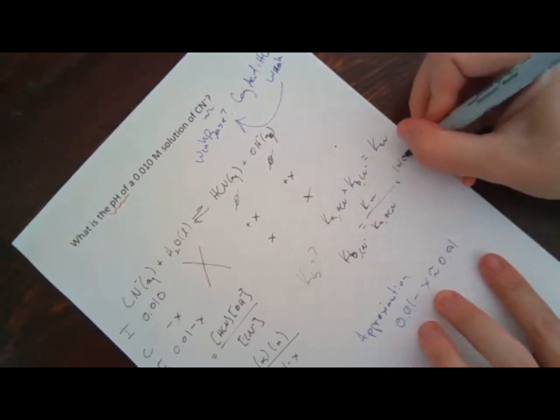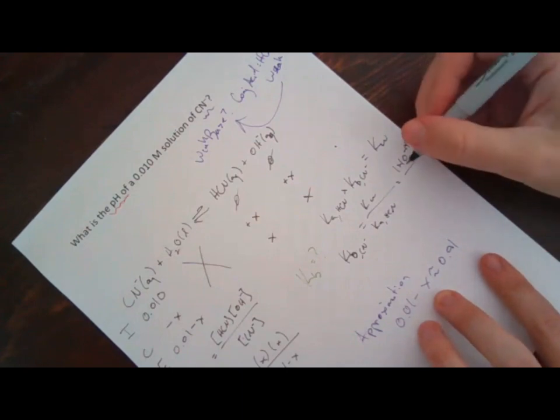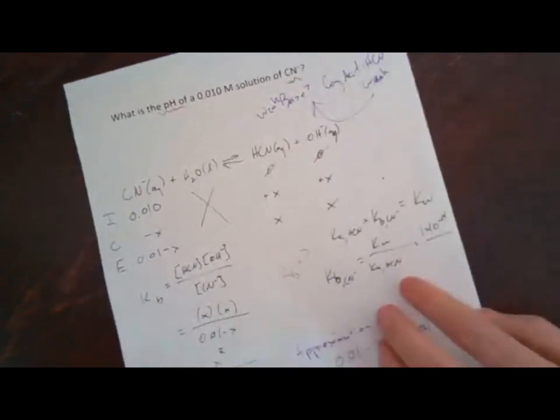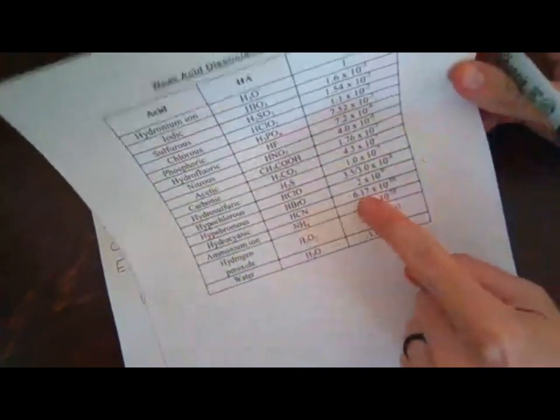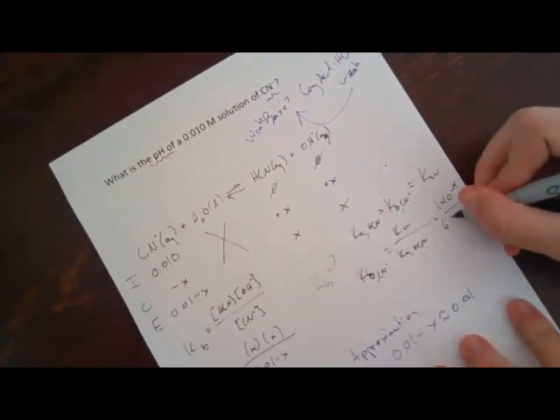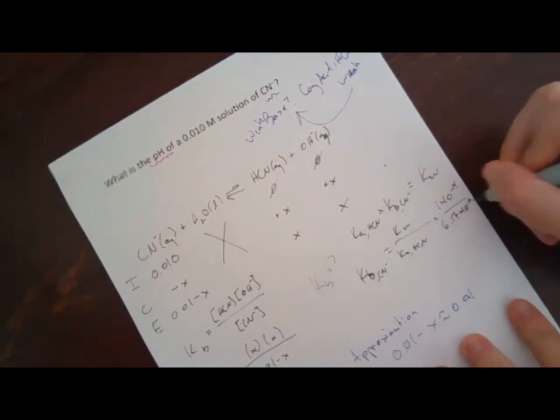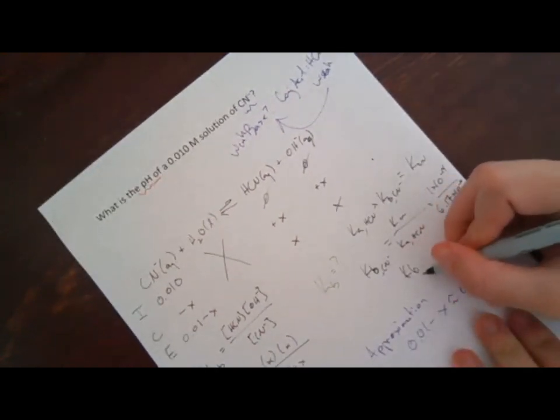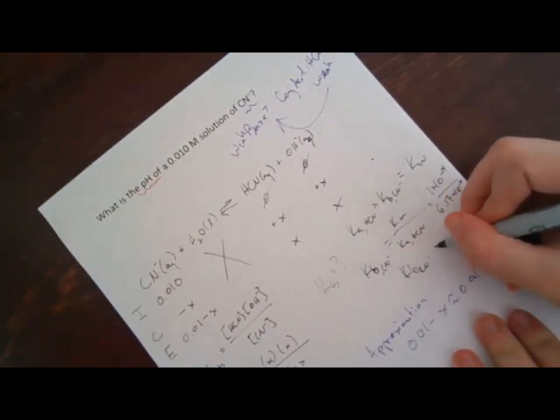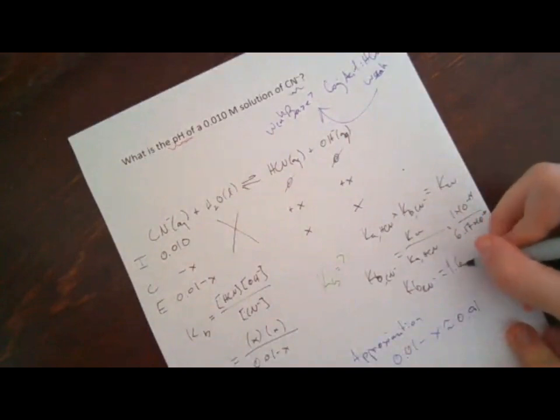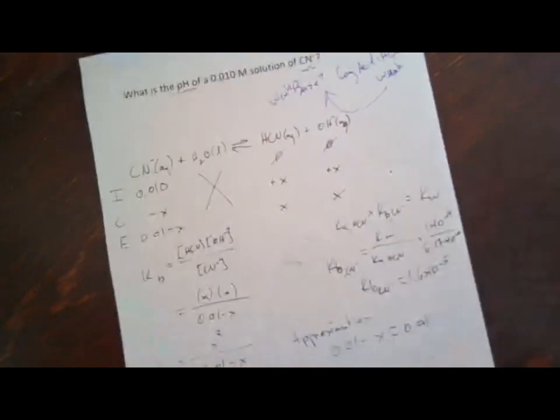So 1 times 10 to the negative 14th over, for HCN, the Ka I can look up, 6.17 times 10 to the negative 10. So we can always look up Kas. And I get that the Kb of CN minus is equal to 1.6 times 10 to the negative 5th.